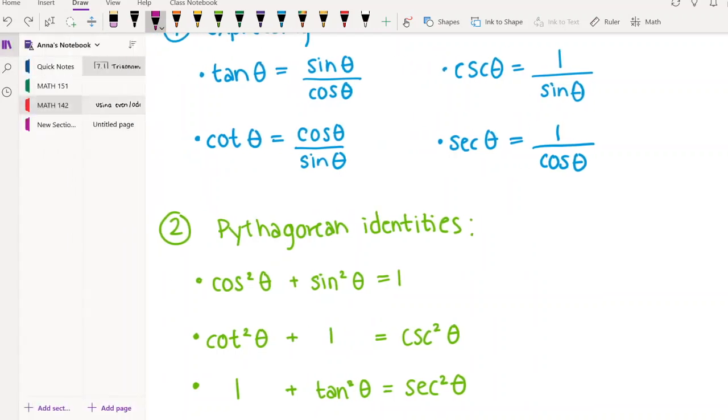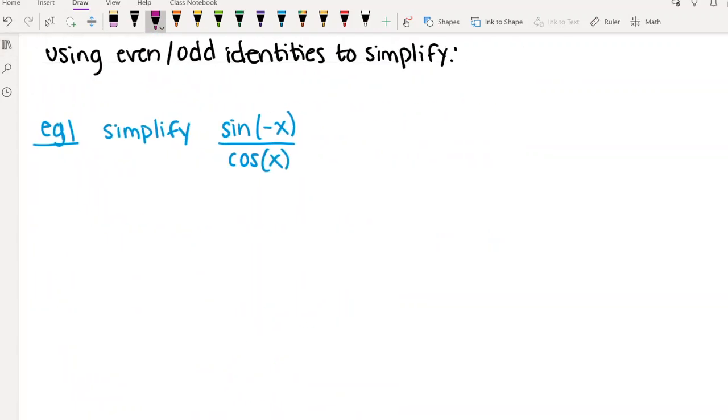but if we have what we have here, sine of negative x over cosine of x, we can't just say, oh, that's tangent of x. We need to first rewrite this so that they have the same input, because it's only when they have the same input that we can really make use of the identities that we know. In this case, we can use the fact that sine is odd. So we know that sine of negative x is the same thing as negative sine of x.